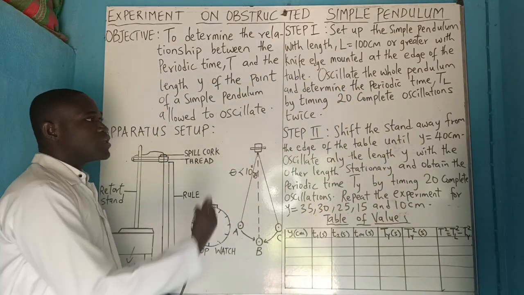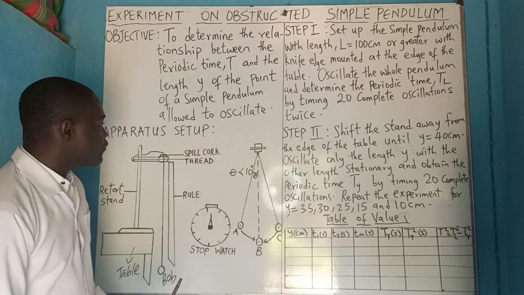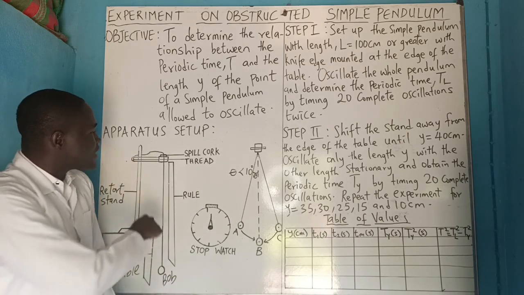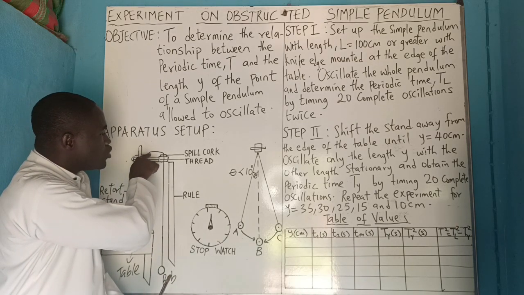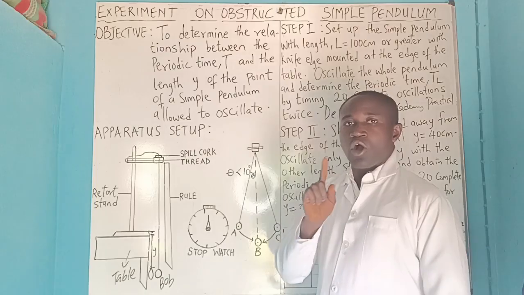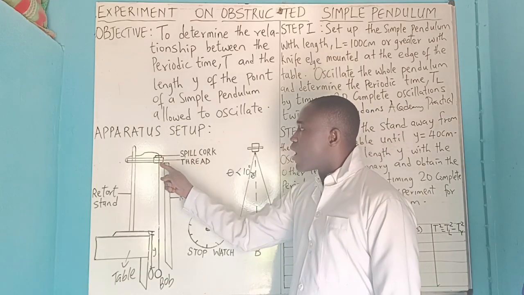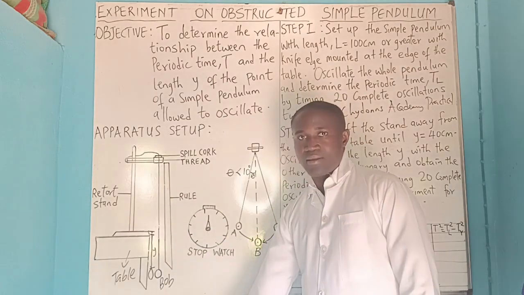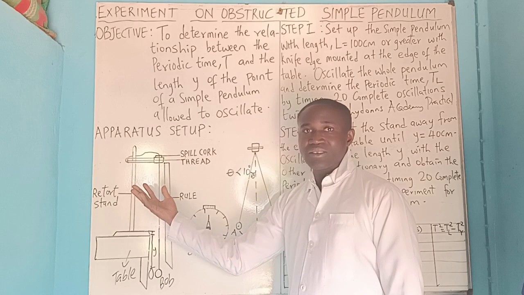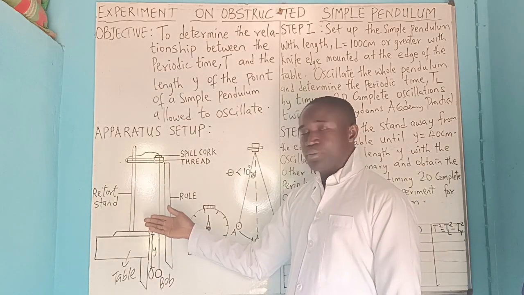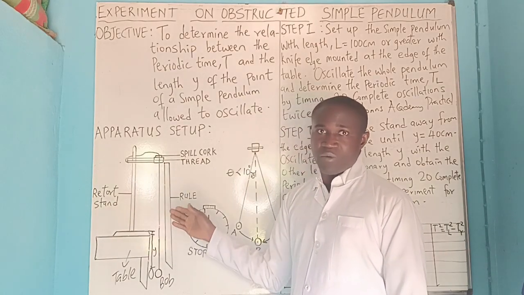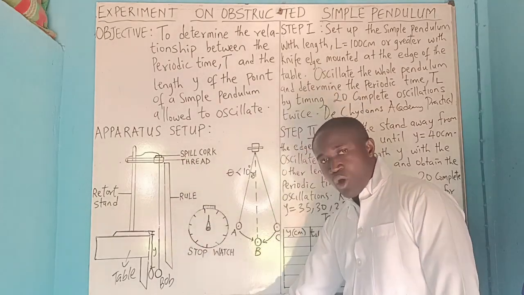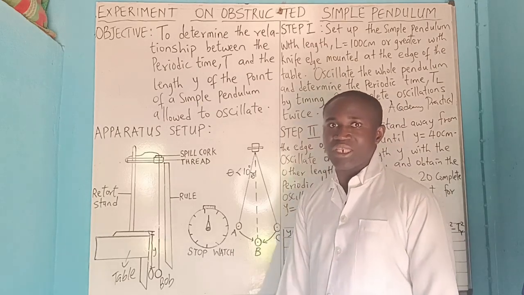How do you get the 40 cm? If your thread is not too long, what you have to do is lower your retort stand. Once you lower this retort stand, it will make this rope longer. And so you need a higher table or desk to keep this retort stand and perform this experiment, so that when you lower it, as the rope is going to be longer, it will not be touching the ground.